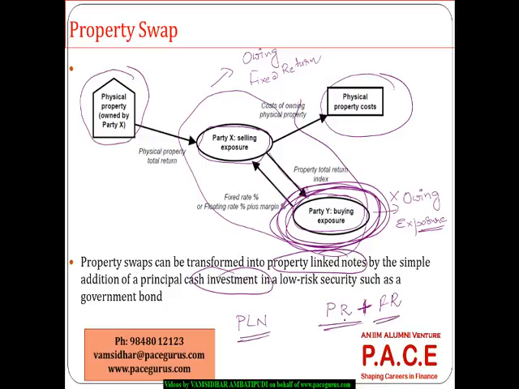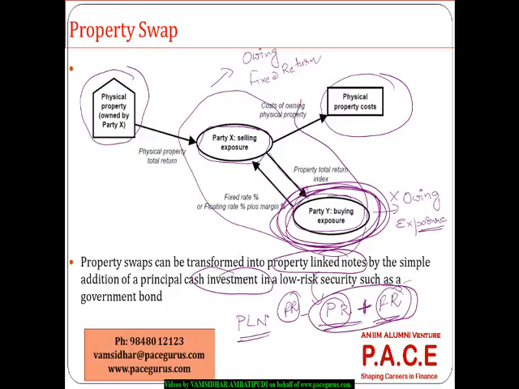This is what changes the property swap into property linked notes, because the returns coming are purely linked to the property. On one side he would be paying a fixed return, and he is receiving the property return plus the fixed return from the government bond.